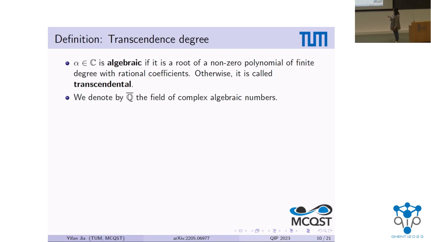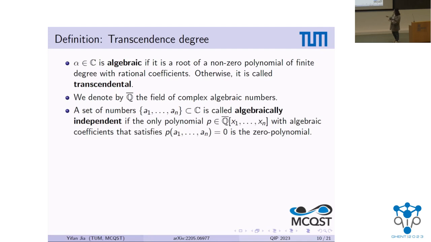For that, we can define the field of complex algebraic numbers and write this as Q-bar, because it is the field extension of the rational numbers. Therefore, we can define a set of numbers a1 to an. We say that this set is called algebraically independent if the only polynomial with algebraic coefficients that gives zero when we apply P on these numbers is the zero polynomial.